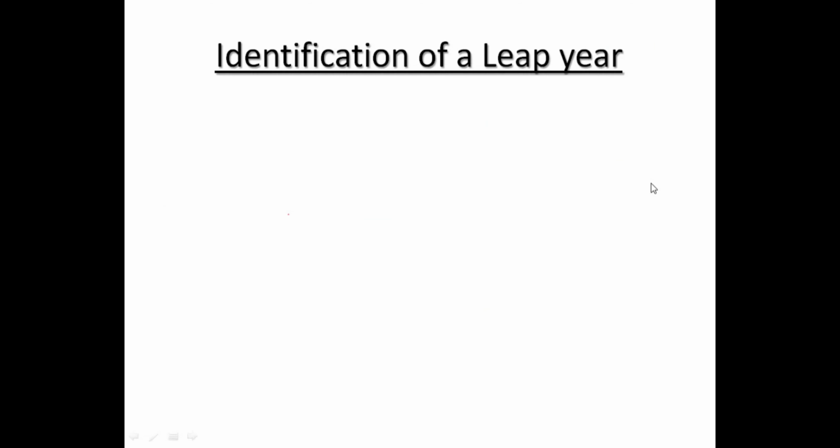Next is the identification of a leap year. How to identify a leap year? Suppose I give some year numbers.